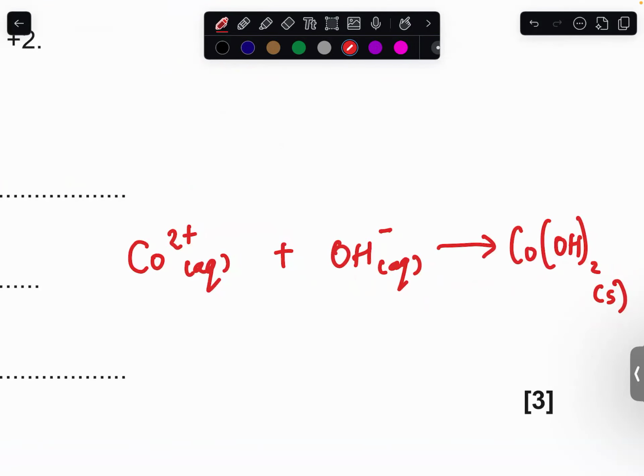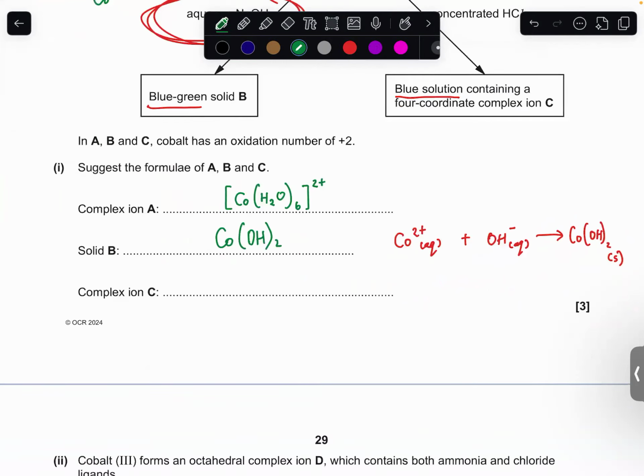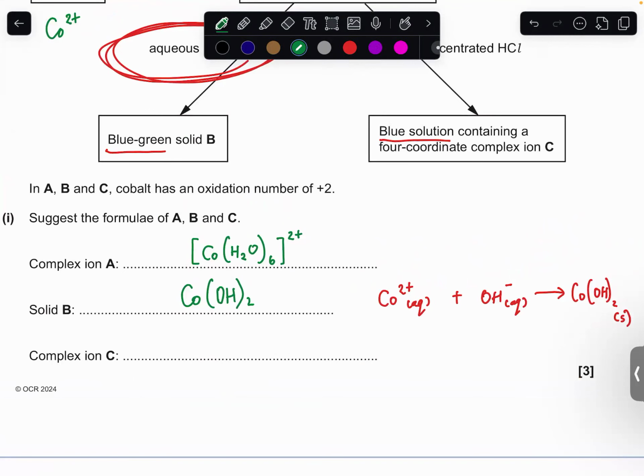So the identity will be cobalt 2 hydroxide. Then it's asking you, what would the complex ion C be?